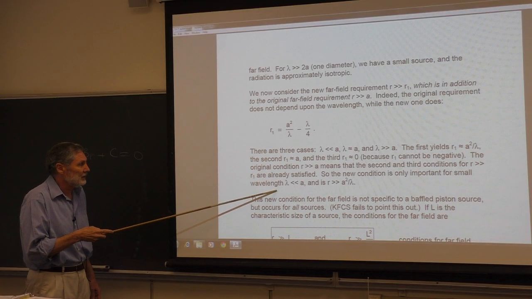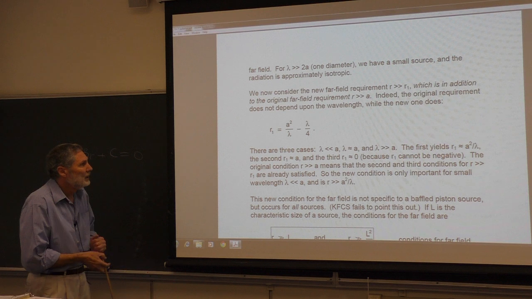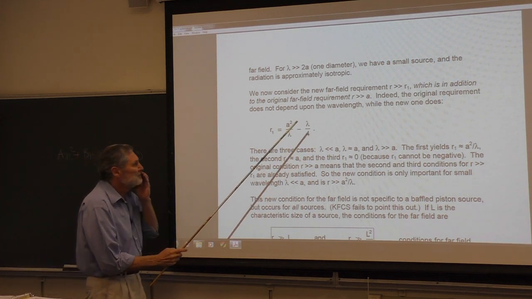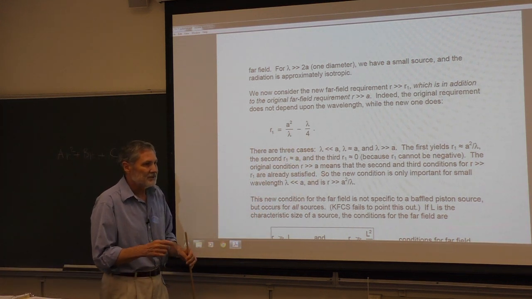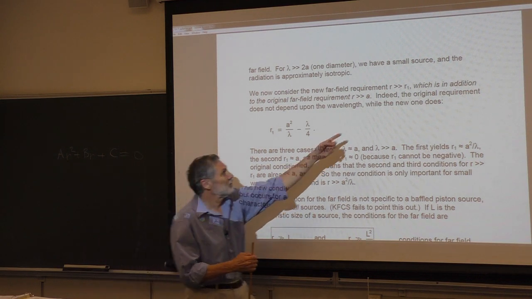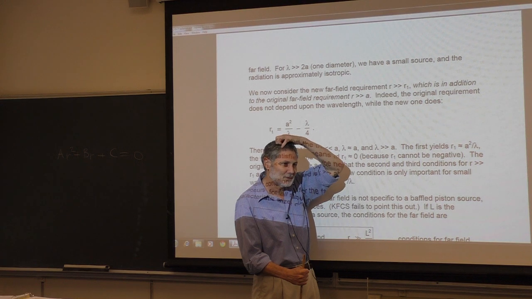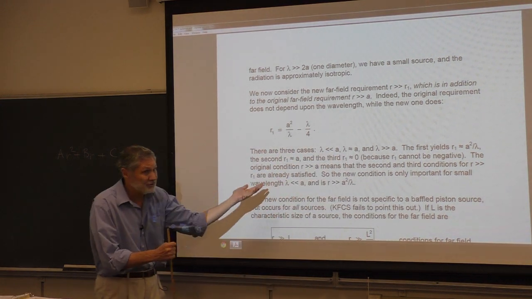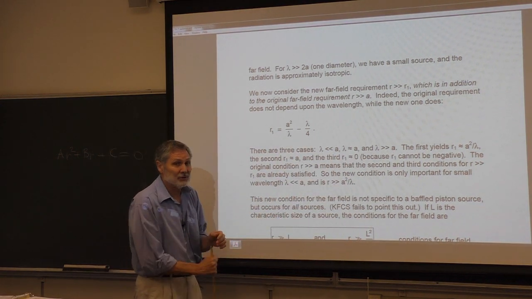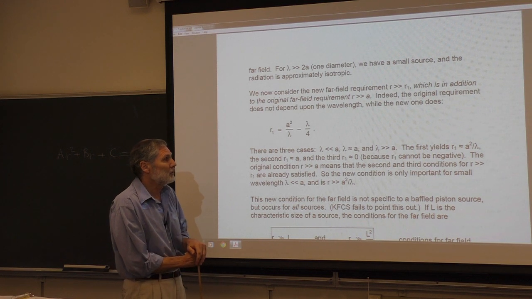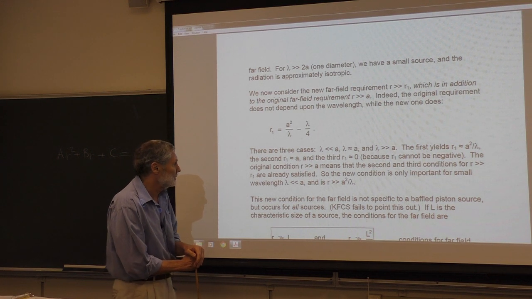I'm just going to give you the conclusion. The conclusion is, as long as the wavelength is not small compared to the size of the source, you don't have to worry about that. It's going to be 1 over r. It's only for small wavelength that you're going to hit this problem. And by small, we mean small compared to the size of the source.